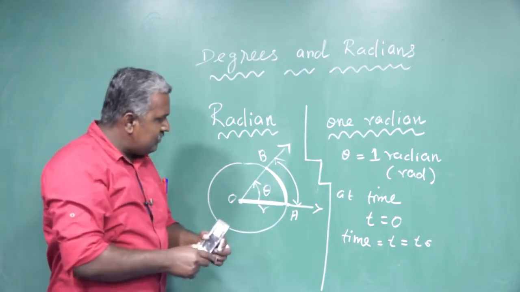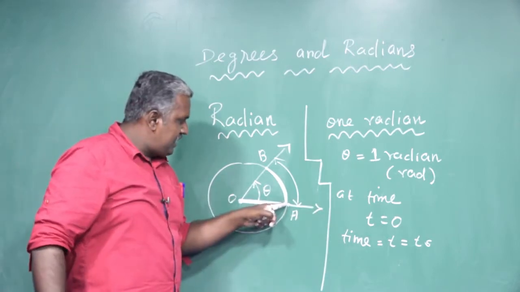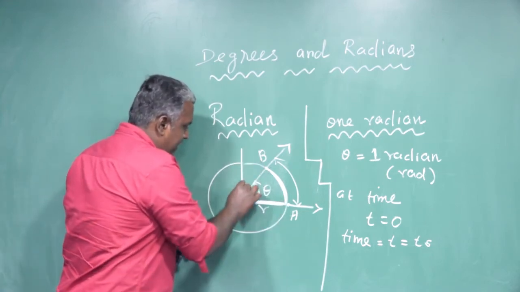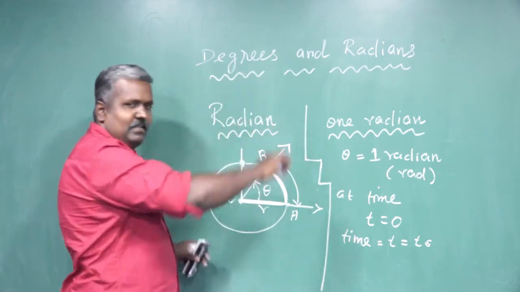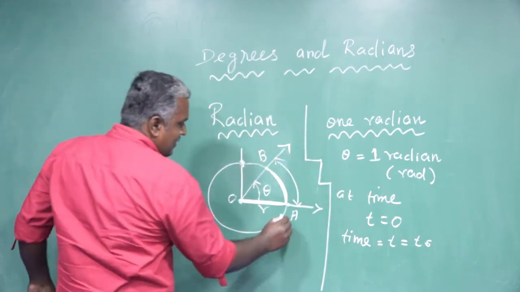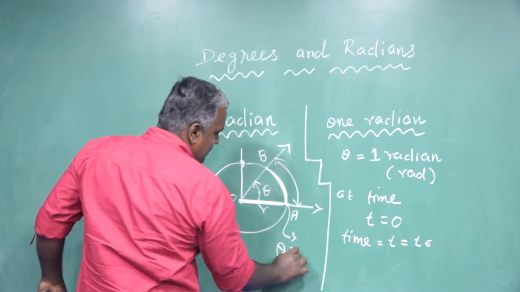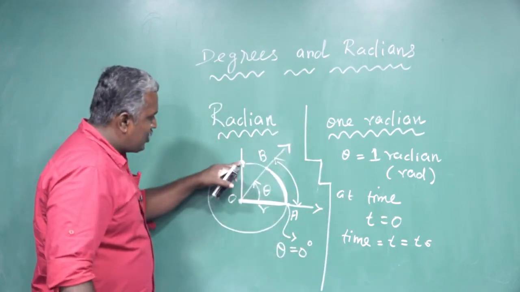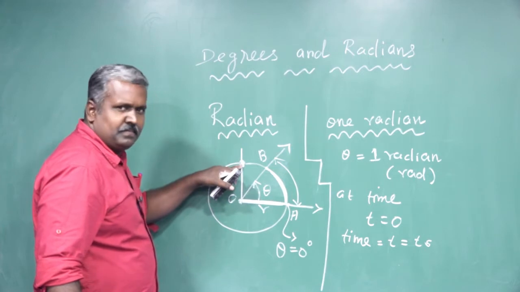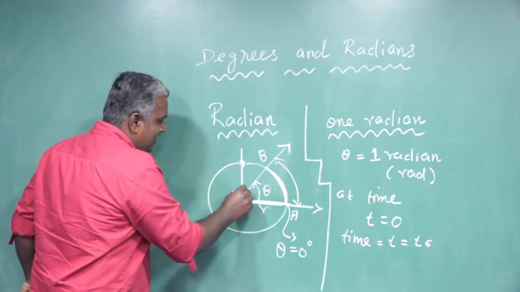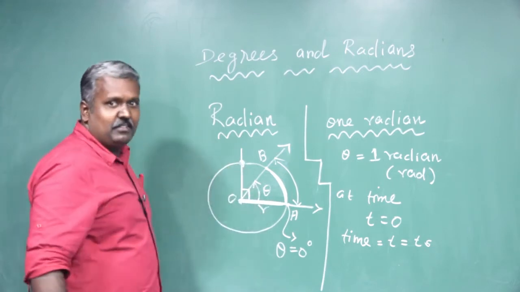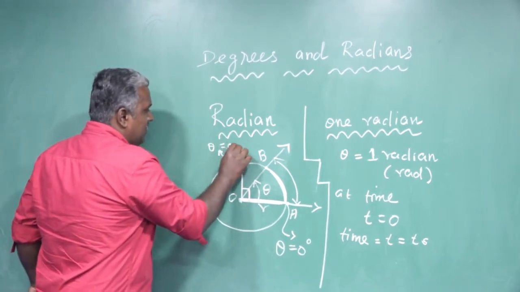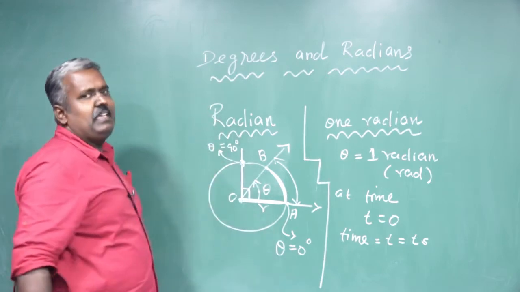Suppose at t second, this particle moves like this and reaches this point. Now, here theta is equal to 0 degree. When it reaches this point, the particle, right angle, no? Very good. So here, theta is equal to 90 degree.